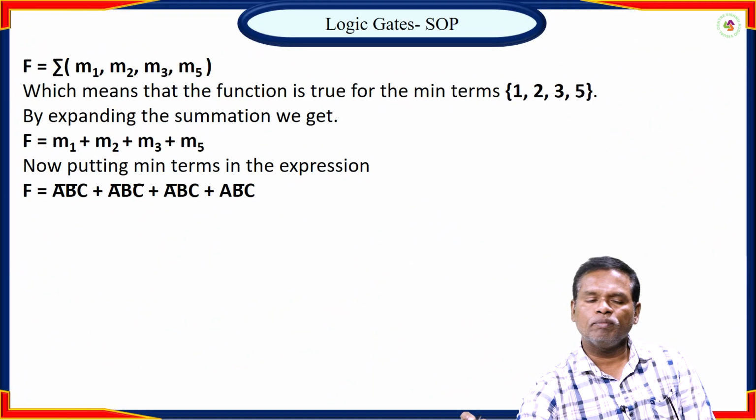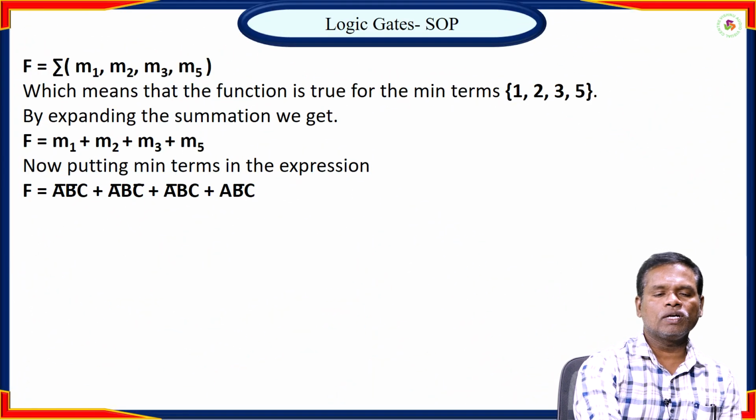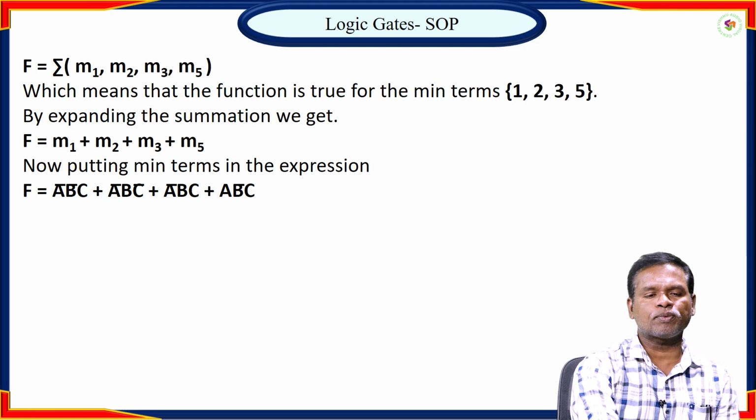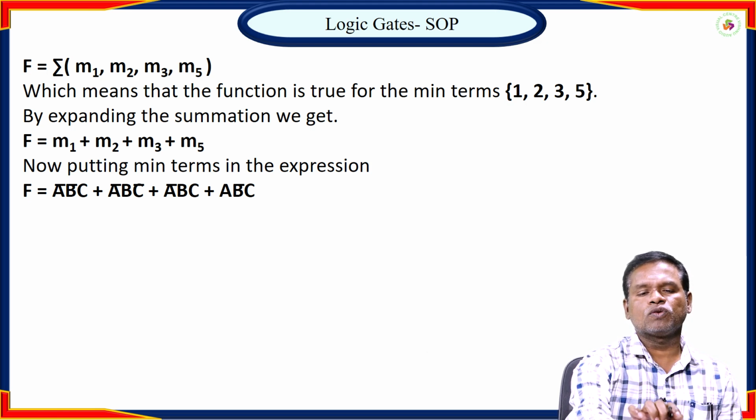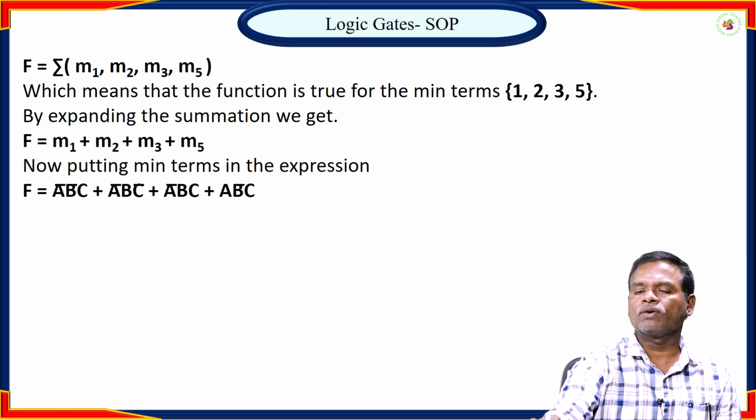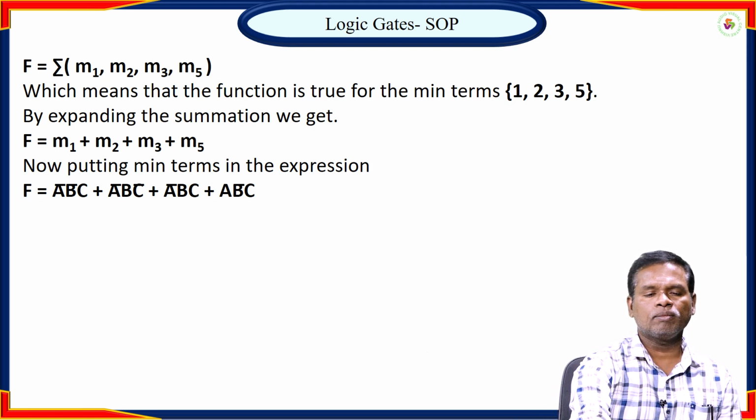Once the min terms are known, for example, here we have a Boolean expression, f equal to sum of m1, m2, m3, m5. That means it is a sum of min terms 1, 2, 3, 5. It is also represented like this, because it is summation, m1 plus m2 plus m3 plus m5.